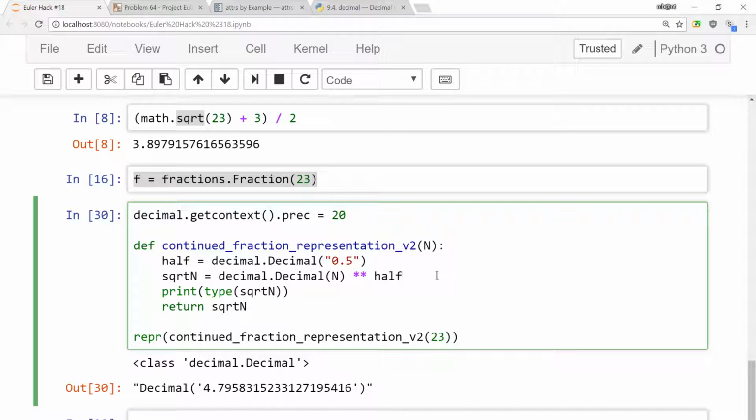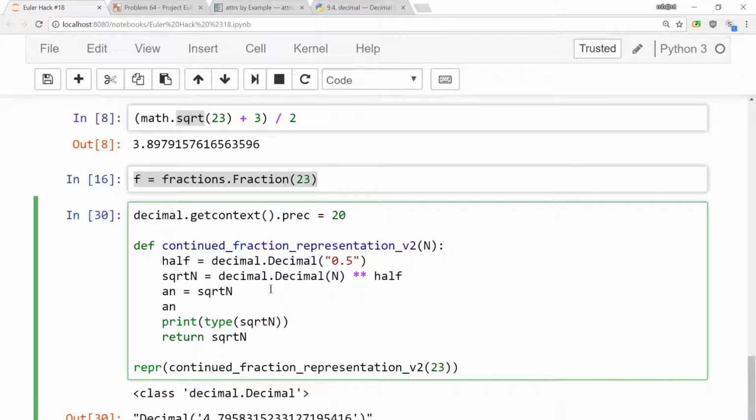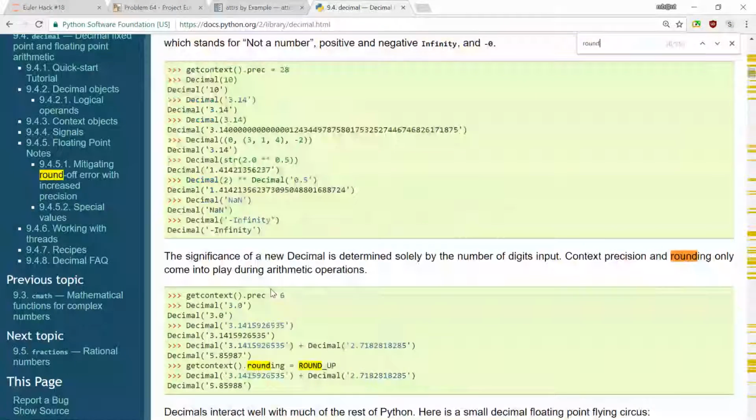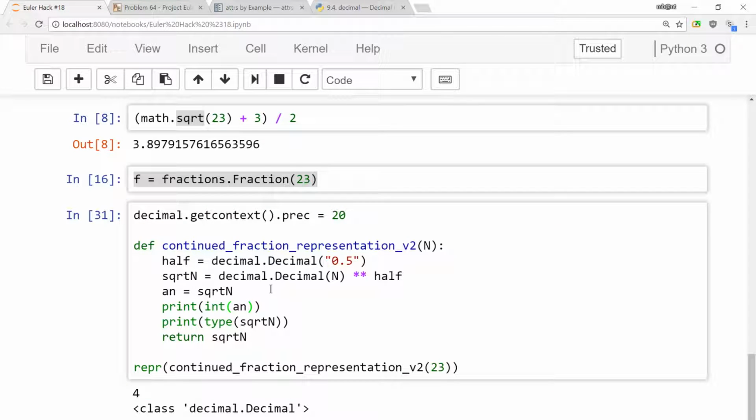Okay, let's see. So the idea was to take our an, and we start off with square root of n, and we do an. Well, unfortunately we don't have the convenient denominator here, but probably we can do round. I can just do int probably. Let's do print int of an. See what that does. Fair enough.